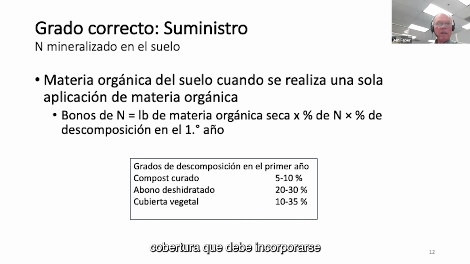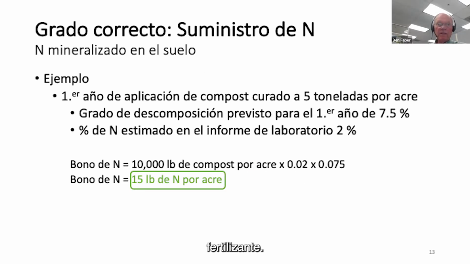That needs to be incorporated into the supply that you're adding from either water or from fertilizer. And so in the Ventura area, typical release rate is about 15 pounds of nitrogen per acre from any organic source that you apply.